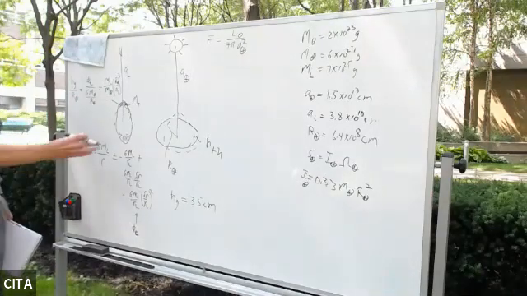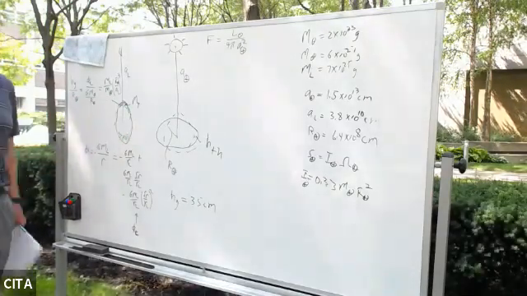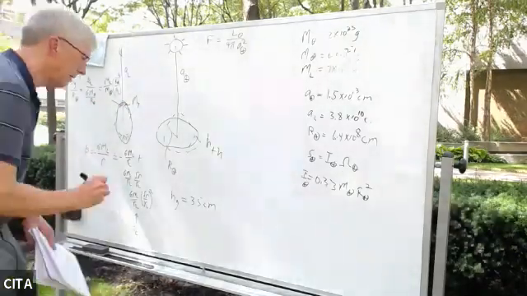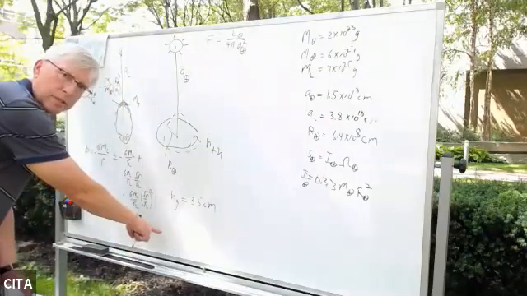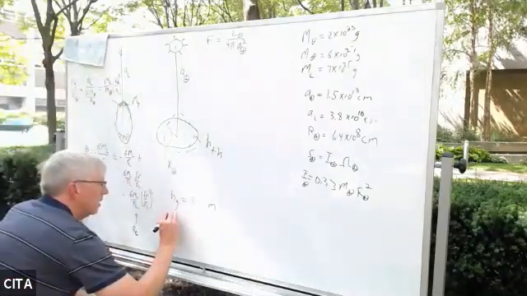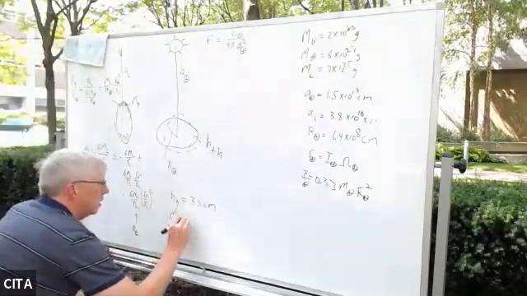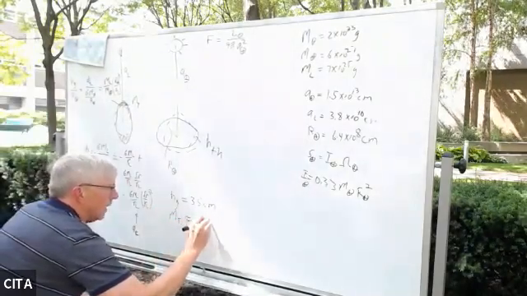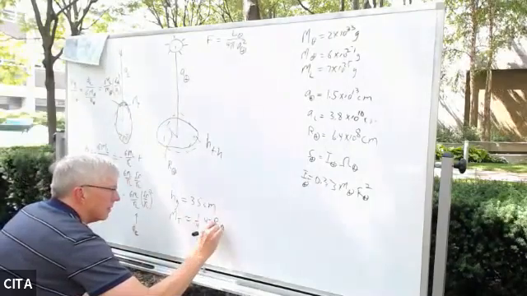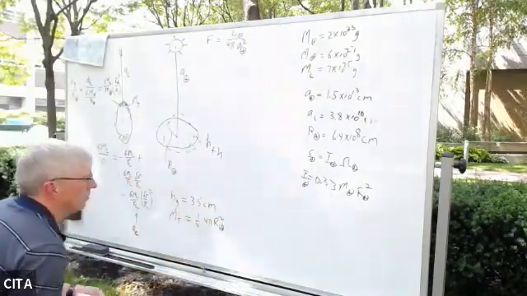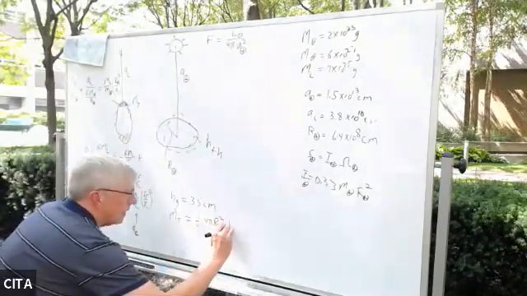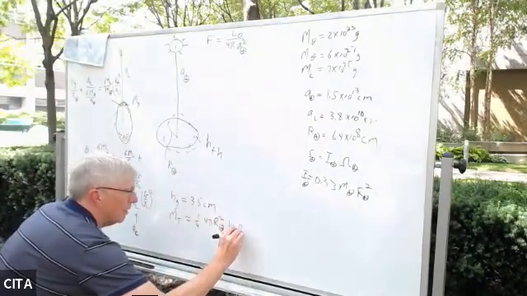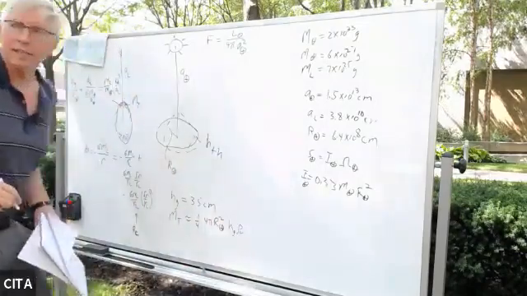Now, of course, the bulge doesn't cover the whole Earth. It covers, I'm going to just say, a quarter of it. So I'm going to say that the tidal mass, can people see down at the bottom of the board? Is that okay? Yeah. I'm going to say it's 1/4 of 4 pi times the radius squared times the height of the tide times rho of water, which is convenient because that's 1.